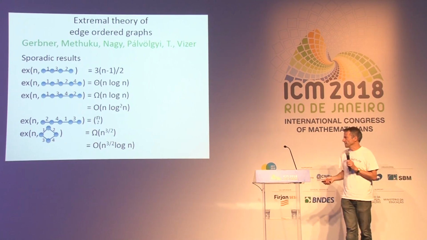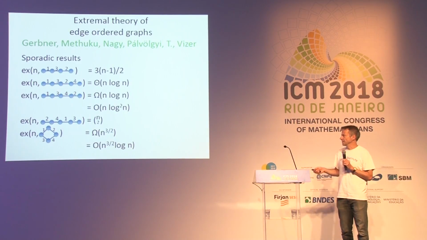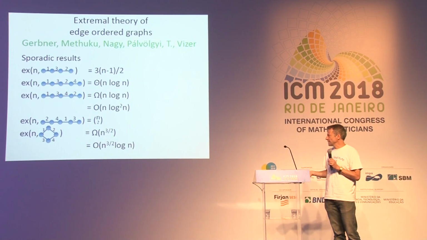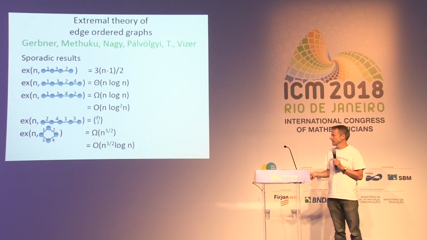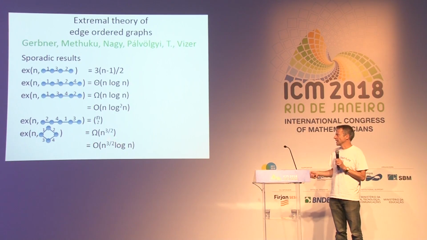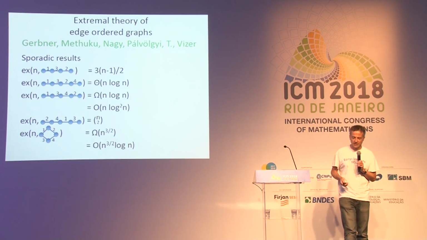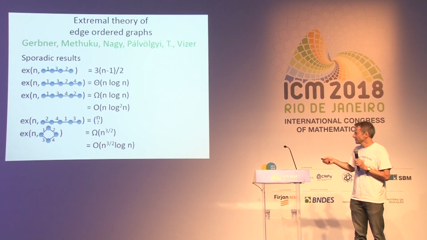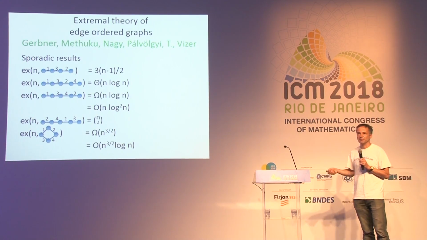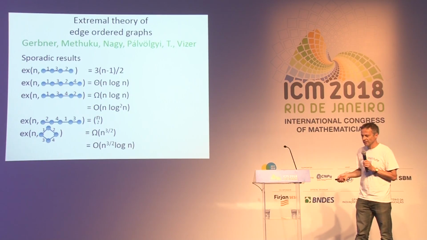The upper bound is more interesting. That is almost matching here. So it says that basically if you have a 4-cycle in an edge-ordered graph, then right away you will have this specific 4-cycle too. Well, right away meaning up to a logarithmic error.